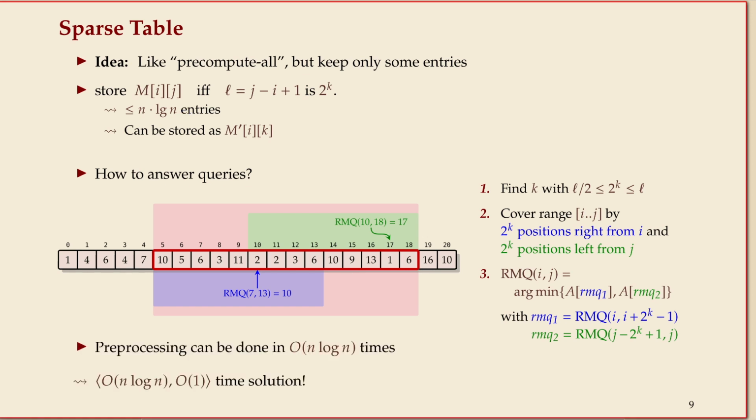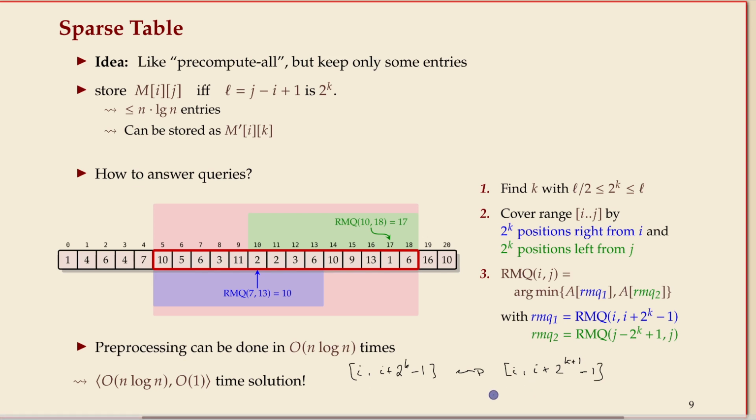The pre-processing can be done similarly to what we've done for the stupid version where you compute all answers. Because if you go from a range i up to i plus 2 to the k minus 1, and now you want to go to the next largest range, so the power of 2, one bigger, what does that look like?